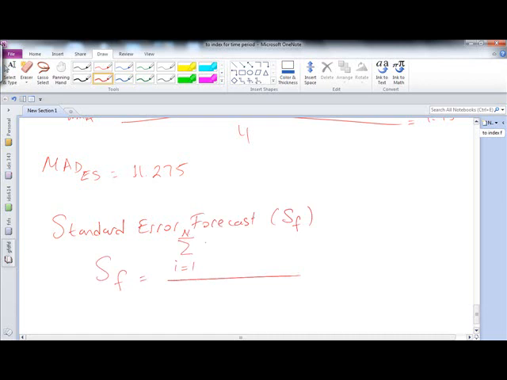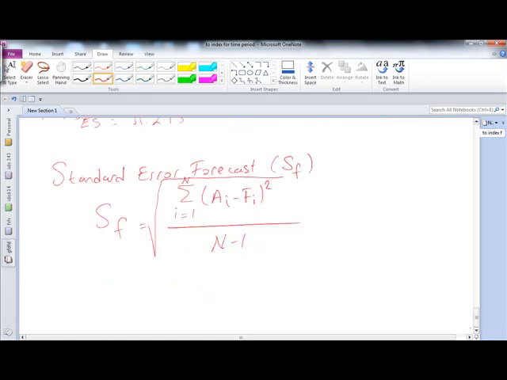Again, we are using the same idea, A_i minus F_i, but this time we take the square of that number, divide by n minus 1, and then finally take the square root of the entire number. And so I can go calculate the SF values, and I'll show you one and then give the result for the others.